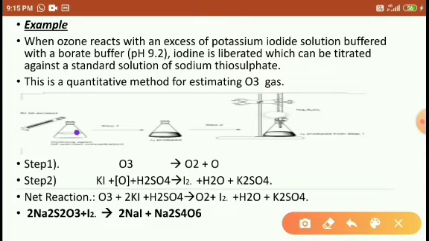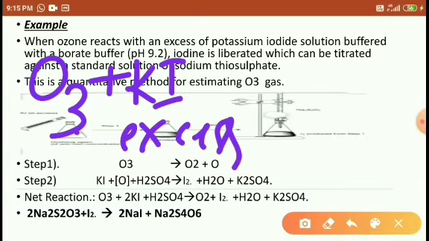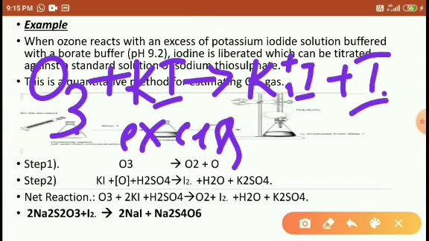Then finally, when the ozone reacts with the potassium iodide in a beaker, the potassium iodide is in excess amount. So what happened here? Some potassium iodide remains in the conical flask, and some turns into I2.